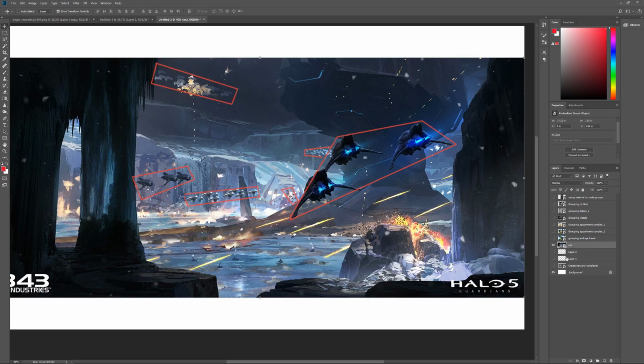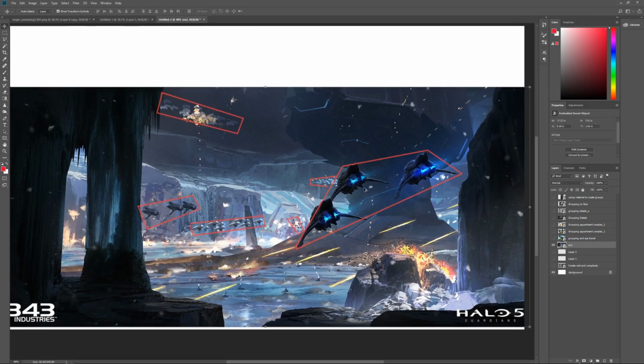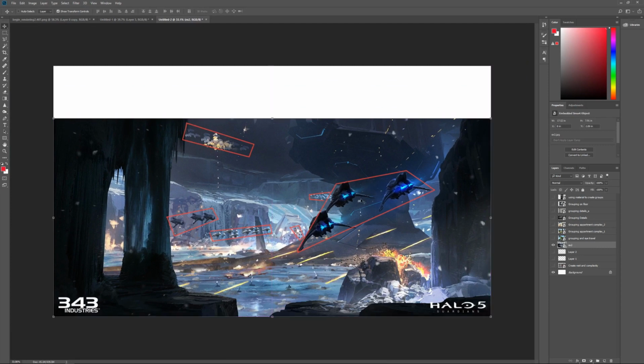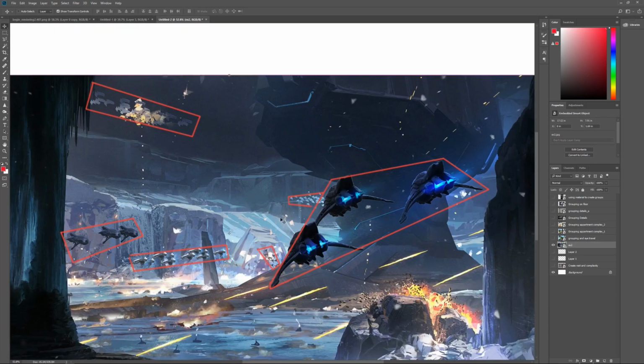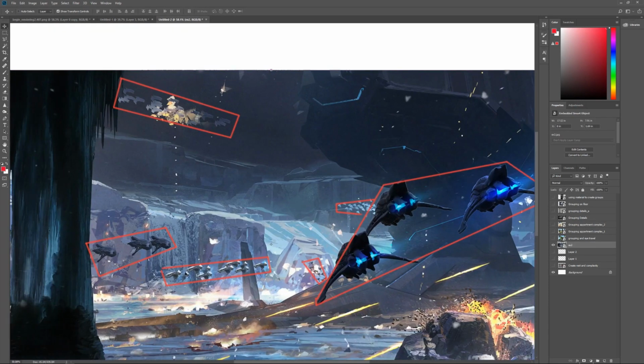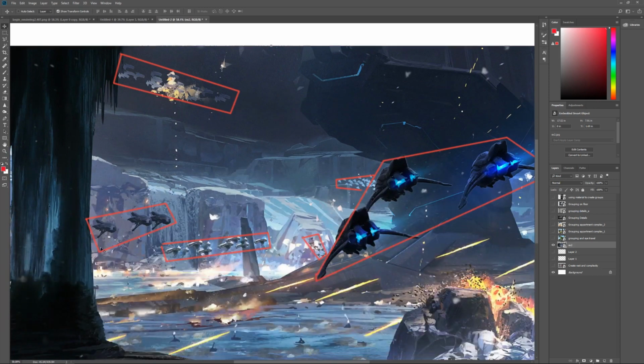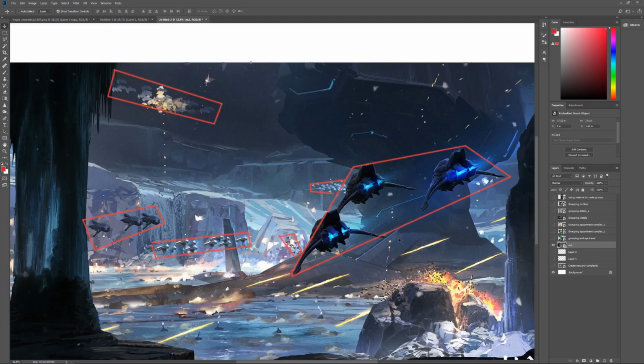So the next example is Darren Bacon's painting, and I always thought that this was a good example of grouping because instead of having a bunch of different pelicans, or sorry, phaetons and banshees all over the place and just going crazy with these spaceships, he chose to have groups instead. And so by grouping all these different objects, we've simplified the read, and also inversely, functionally, they could be formations, right?